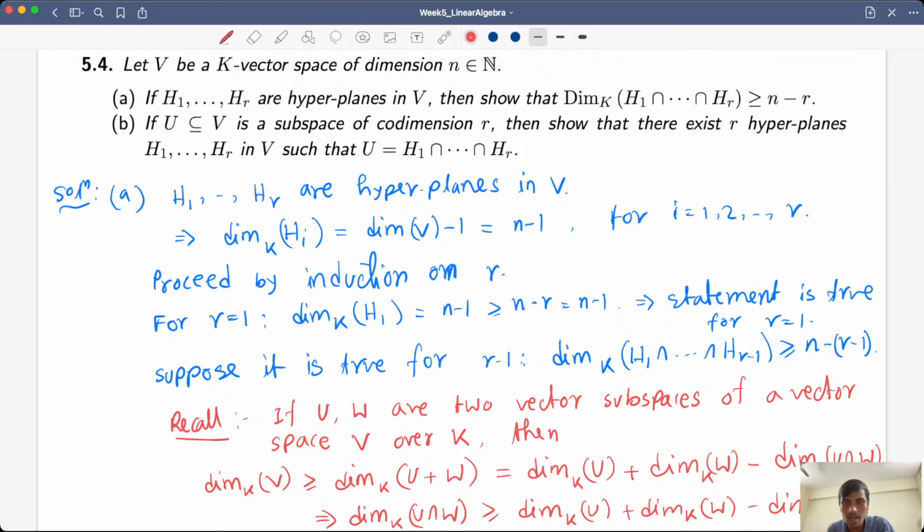Now in our case we will apply this for the subspaces H1 intersection H2 intersection up to H(r minus 1), and Hr. Then on one side we will get the required H1 intersection up to Hr, and on the other side we have these things and Hr and V. All of these are known to us.